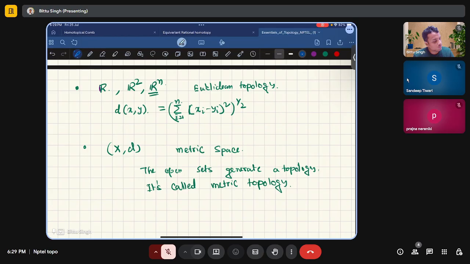Let me denote it by Euclidean, tau U. This is strictly smaller than discrete, right? Let me consider everything for R. R has the Euclidean topology, which is the usual topology.